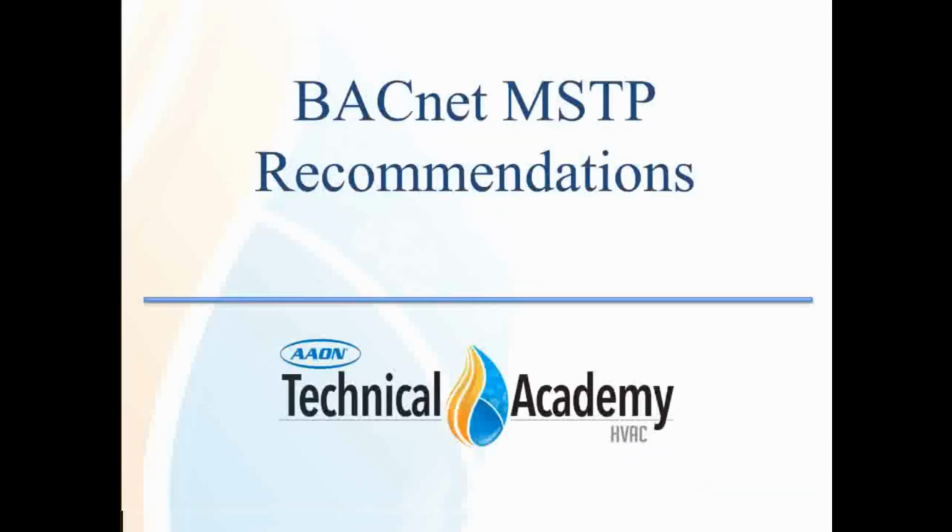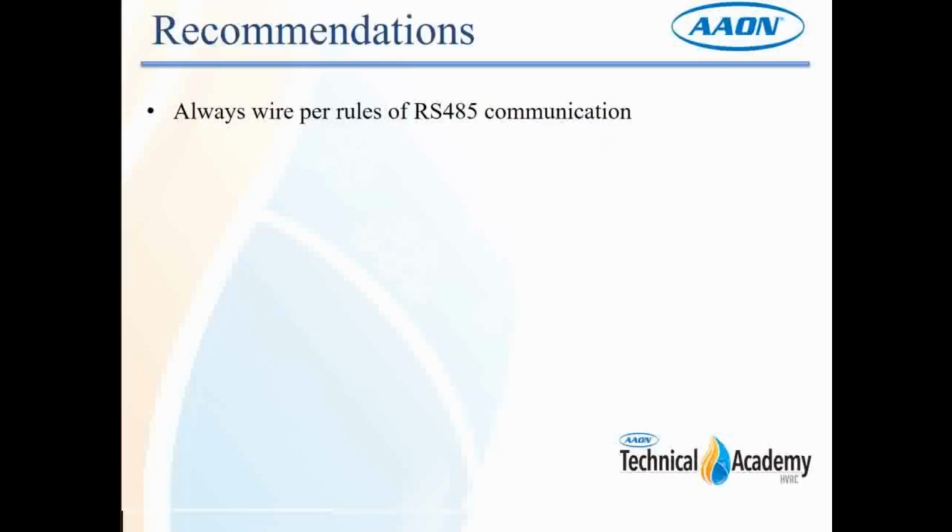Now here's our recommendations for setting up the MSTP BACnet using VCCX controllers. So first off, you want to wire the controllers up as we described in this presentation, following the general rules of RS-485 communications wiring.